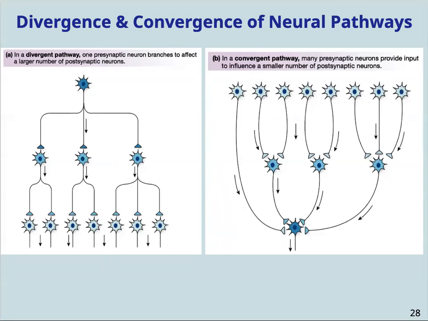Okay. On the other hand, when we see a group of presynaptic neurons provide input to a smaller number of postsynaptic neurons, this forms a convergent pathway. And the combination of convergence and divergence in our neural pathway is part of what makes our nervous system so complex.